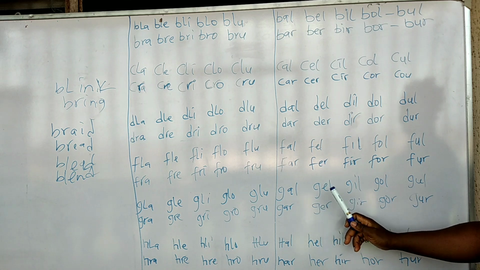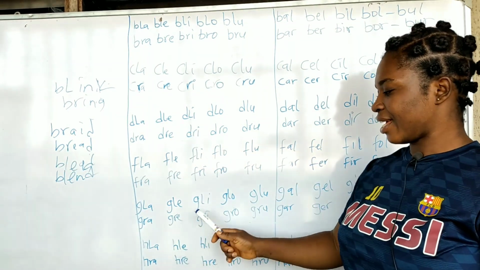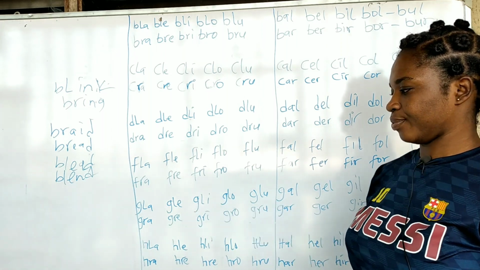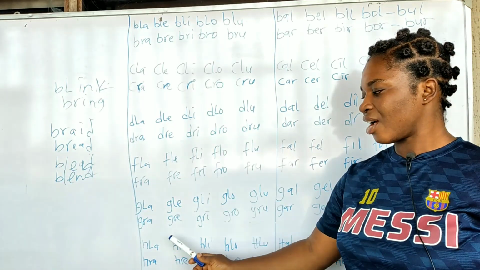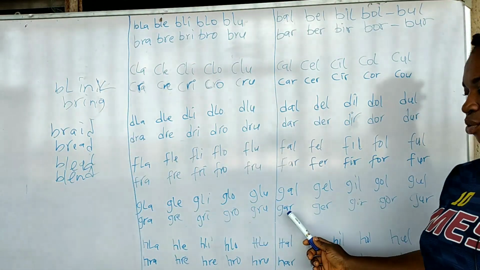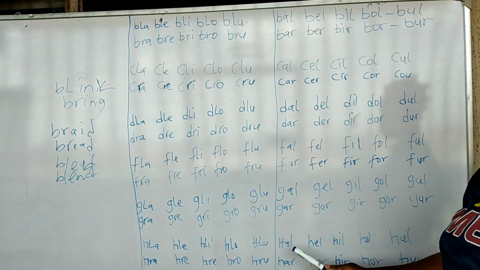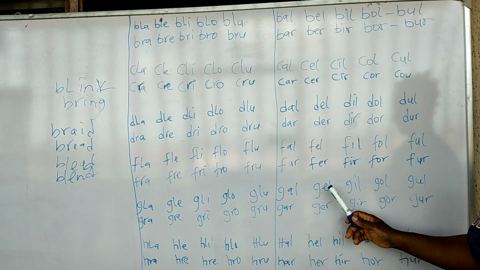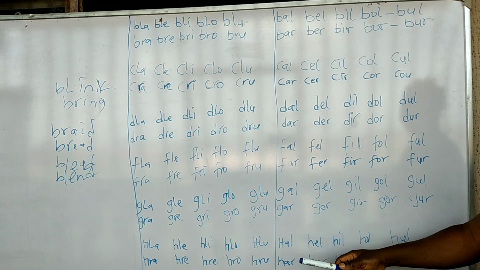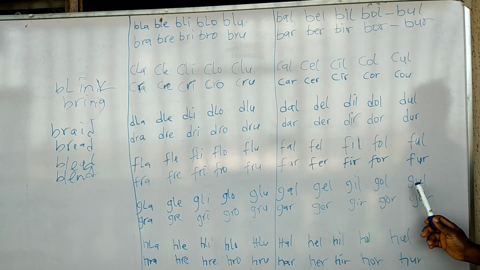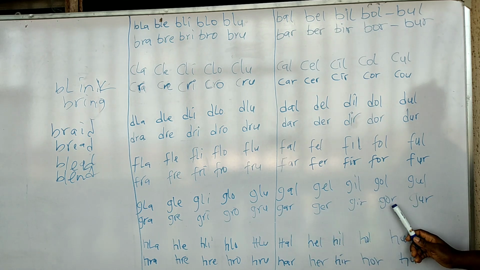Gla, gle, gli, glo, glu. Gra, gre, gri, gro, gru. Gal, gel, gil, gol, gul. Ga, ge, gi, go, gu.